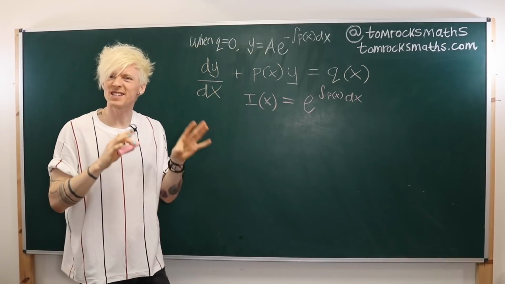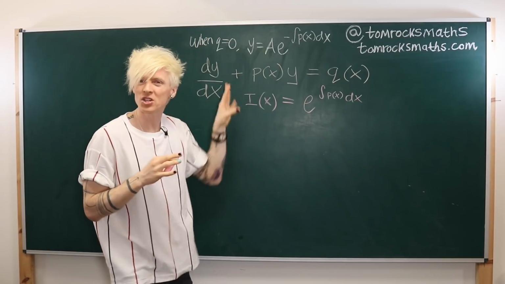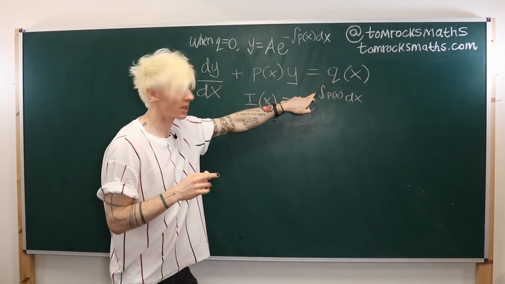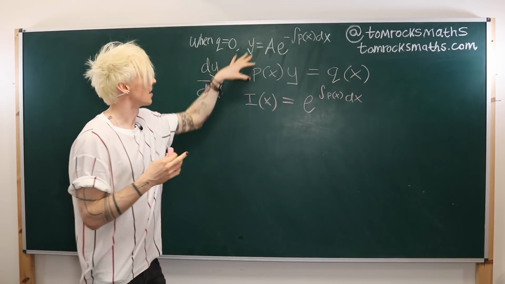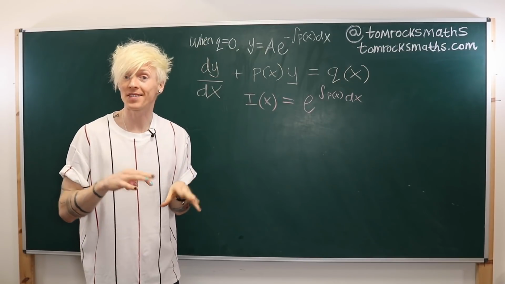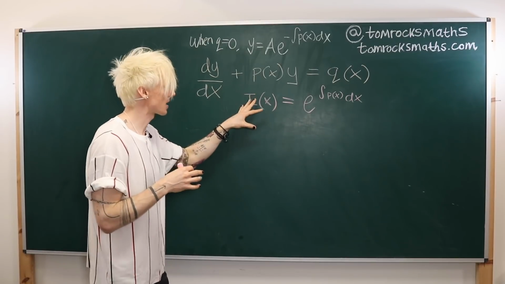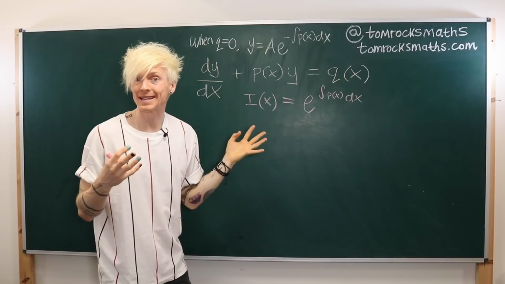So you'll notice it's very similar to the solution to the homogeneous case when q is naught. We just have a plus here instead of a minus, and we don't include the integration constant a. Our first step to find the solution is to take our integrating factor, I of x, and to multiply the entire equation by it.